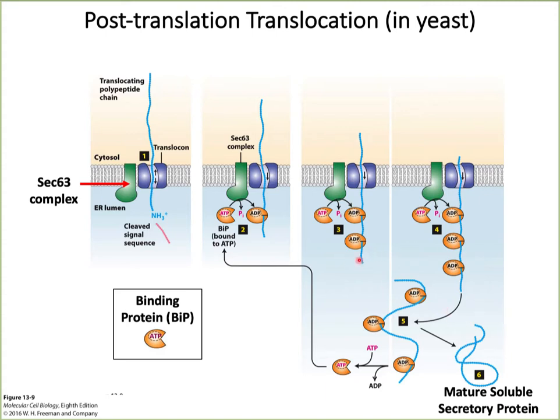So you can almost see that this is the only way that it can prevent this backsliding of this into the cytosol. So this protein now almost looks like a chain with beads on it, so that this prevents the backsliding of the protein. So you end up with a mature soluble secretory protein in the lumen of the ER in these yeast cells finally.